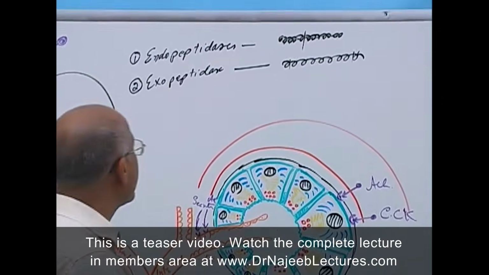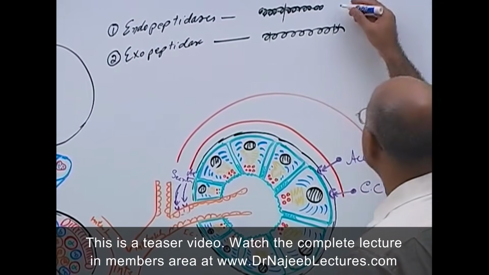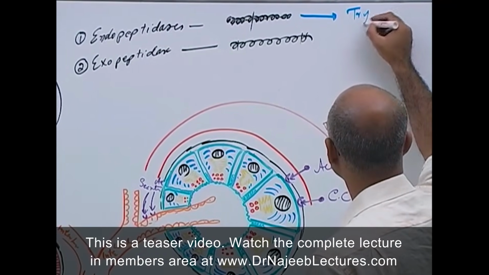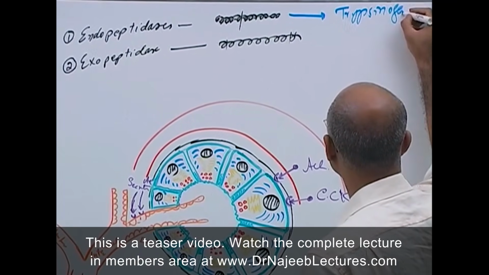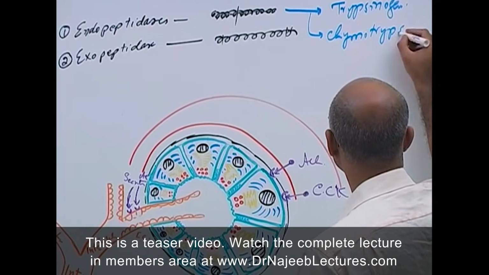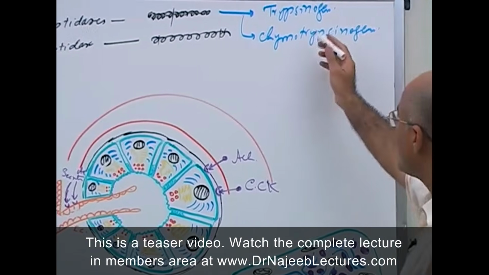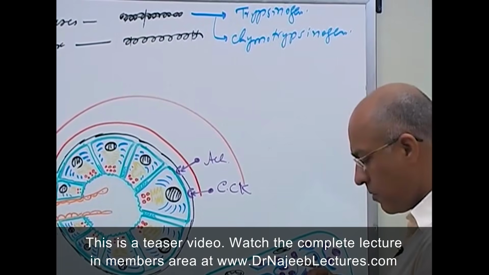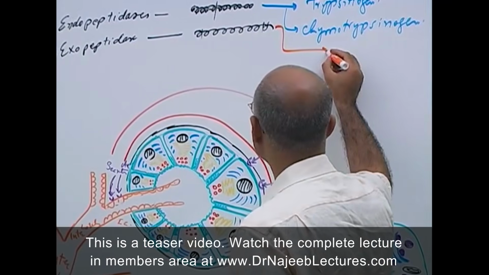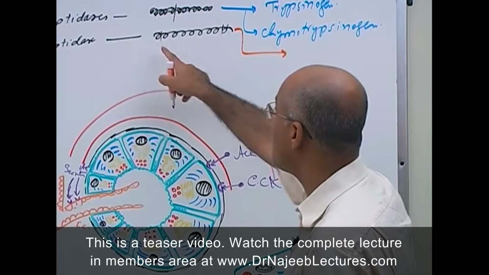Now, classical examples of endopeptidases which are secreted by the pancreatic acini are trypsinogen, which is the inactive form, and chymotrypsinogen. Trypsinogen and chymotrypsinogen are your endopeptidases, and among the exopeptidases, some work on the carboxyl end of the peptide, others work on the amino end of the peptide chain.